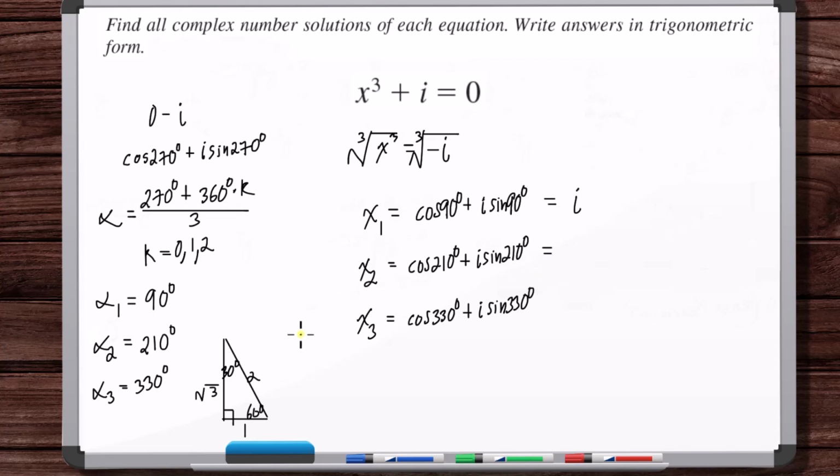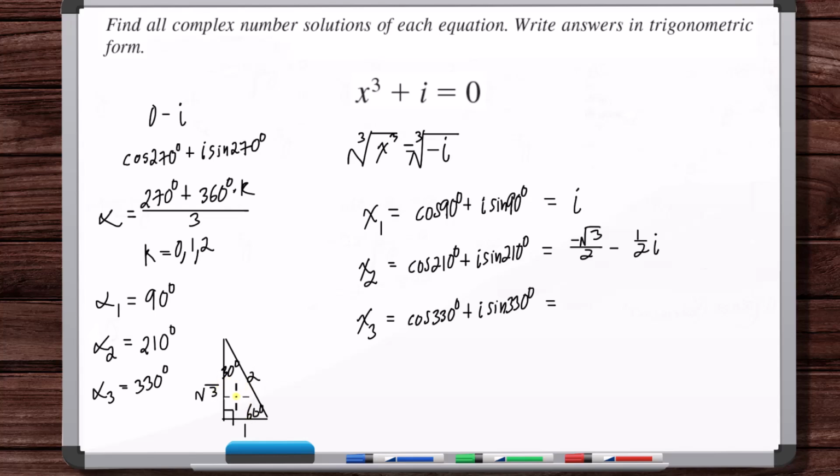Here you've got, let's see, 210 would be in the third quadrant, reference angle 30. So cosine 210 is going to be minus root 3 over 2. Sine of 210 is going to be minus 1 over 2. Okay, let's see.